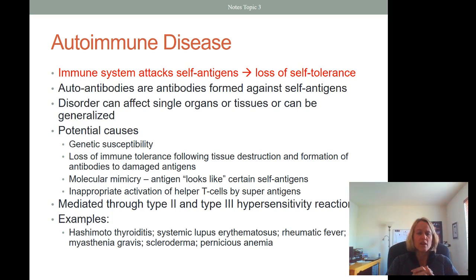These are just some potential causes. Autoimmune diseases are mediated through type 2 and type 3 hypersensitivity reactions. Examples include Hashimoto's thyroiditis, lupus, rheumatic fever, myasthenia gravis, scleroderma, and pernicious anemia.